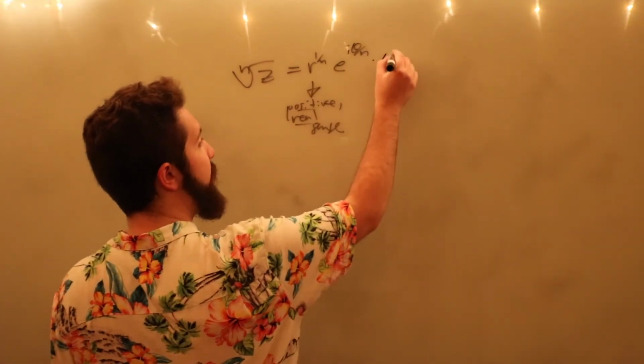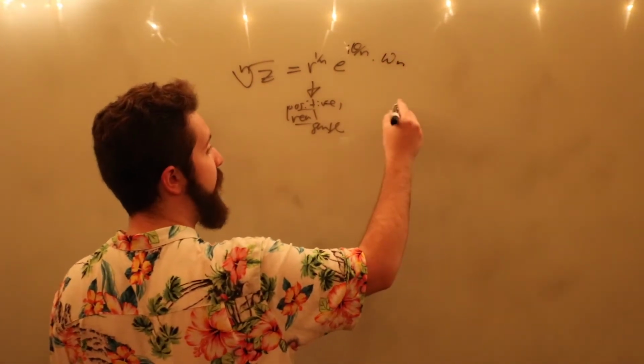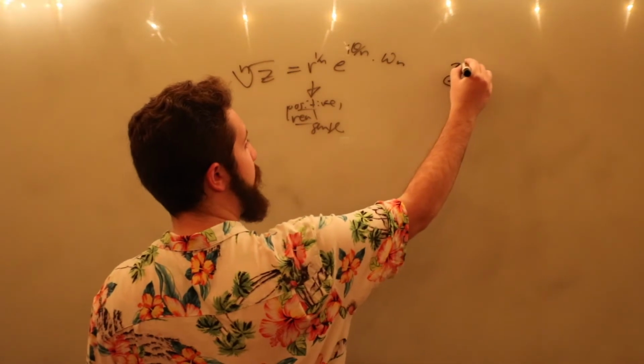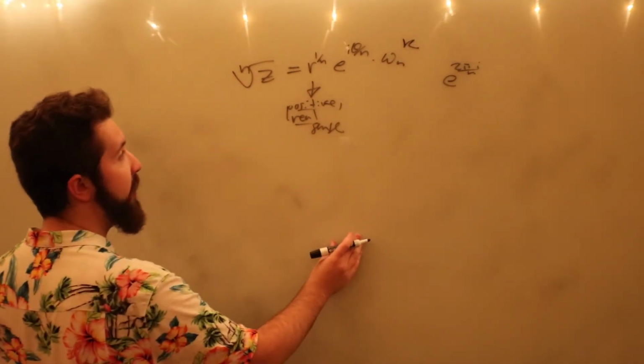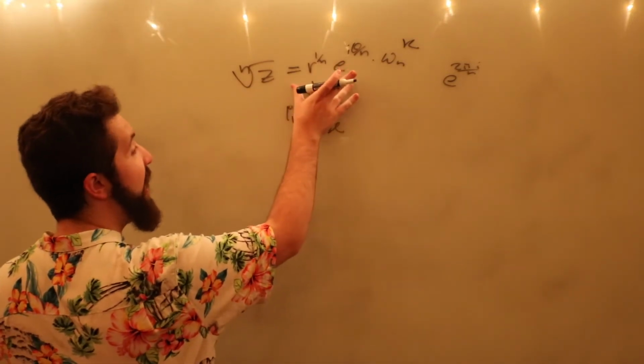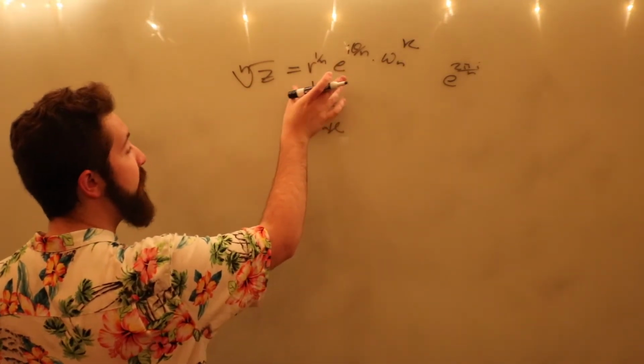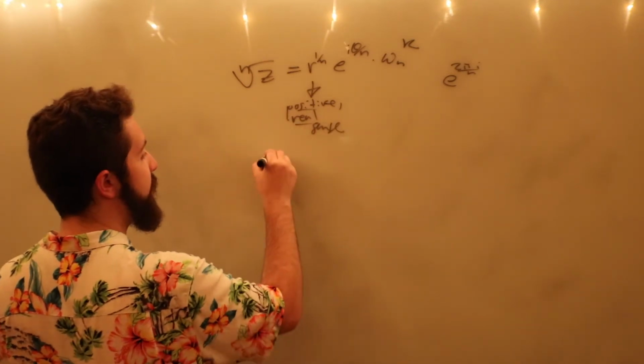Then we're going to multiply by the roots of unity, which is e to the 2 pi i over n to the power k, and there will be n different nth roots of the number z.